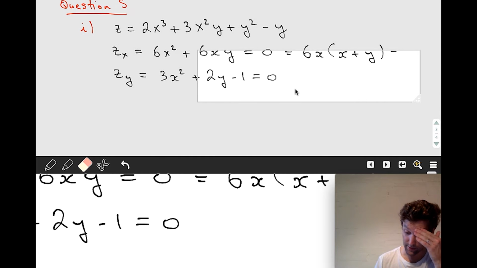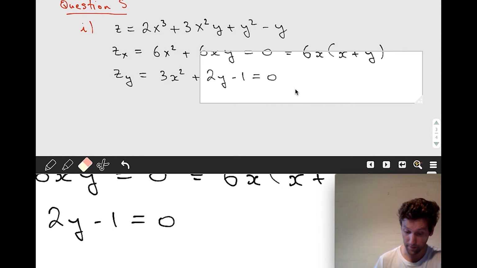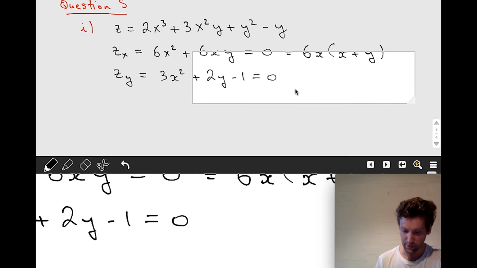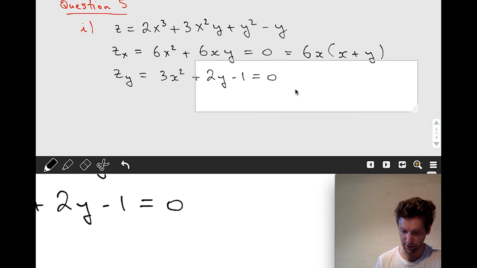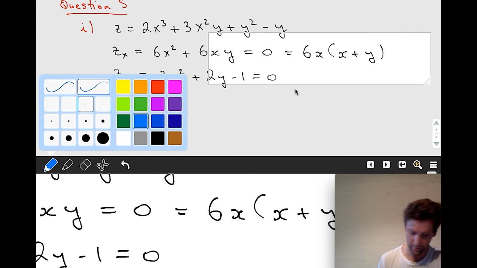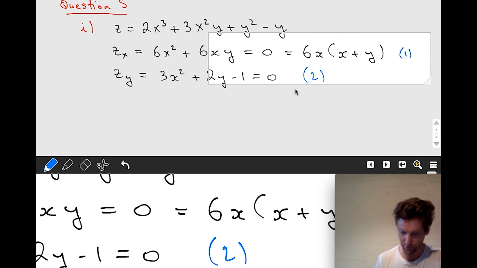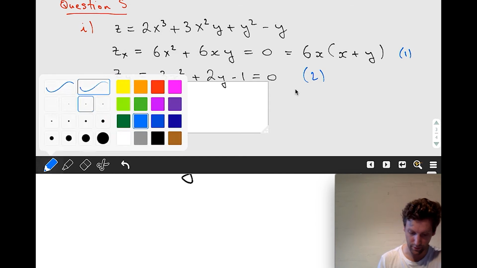And there's no factor that I can take out of the second expression, but I can rewrite it as an expression for y in terms of x. So let's rewrite both of these expressions in slightly more useful form.